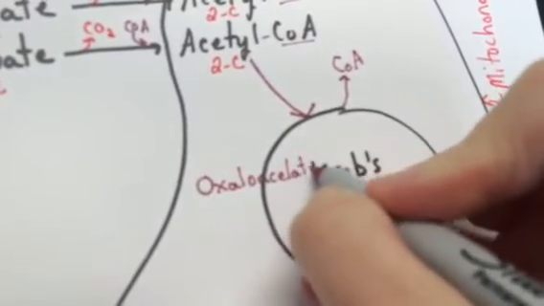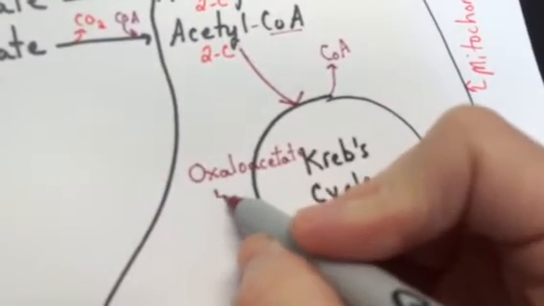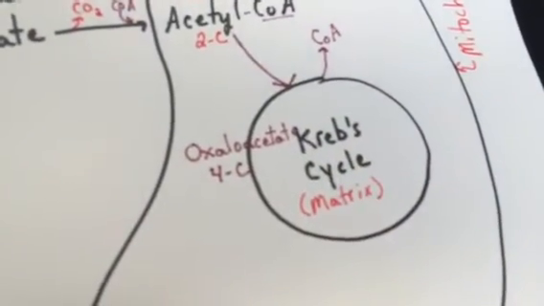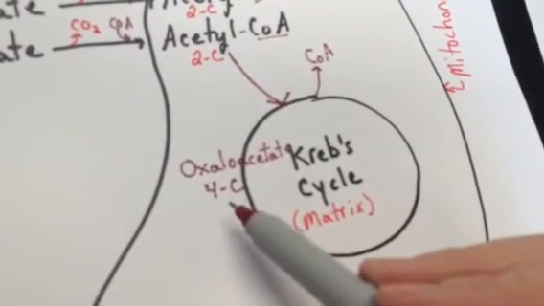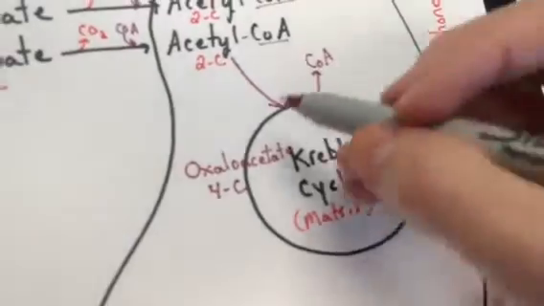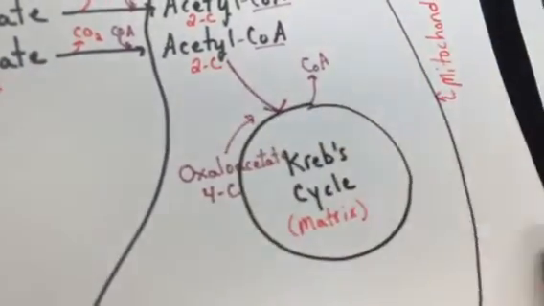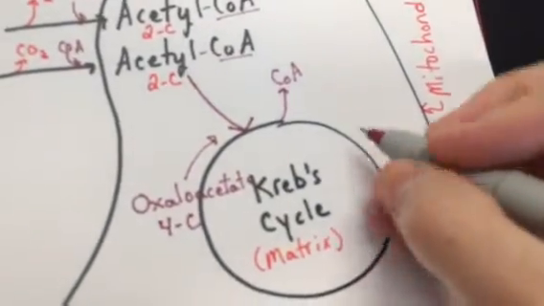This molecule has 4 carbons. Now, I'm not going to ask you to commit the name of that molecule to memory, but just showing you what happens here. It's going to begin with this compound. It has 4 carbons. That's going to pick up that 2-carbon acetyl group to form a molecule that has 6 carbons over here.